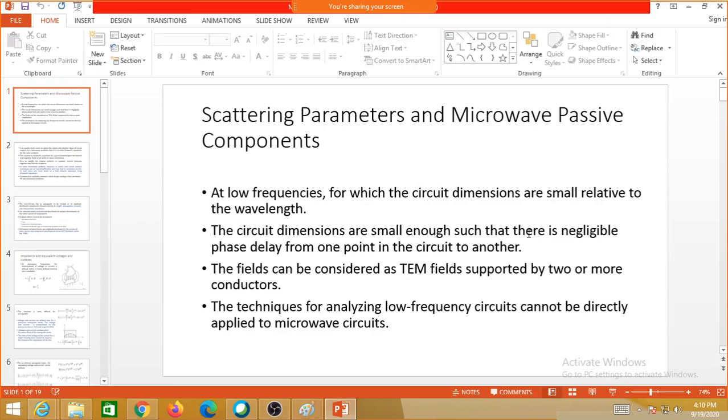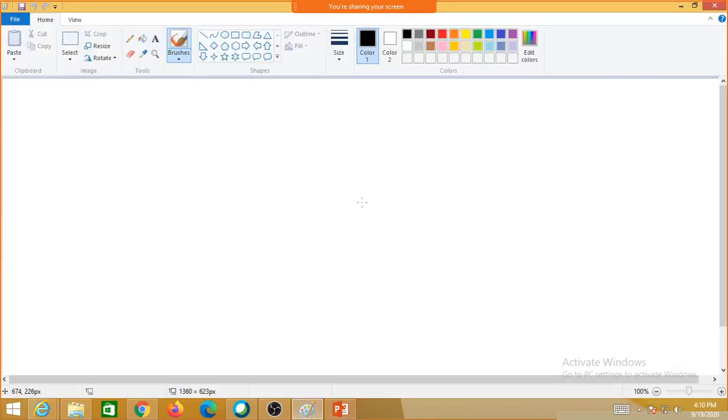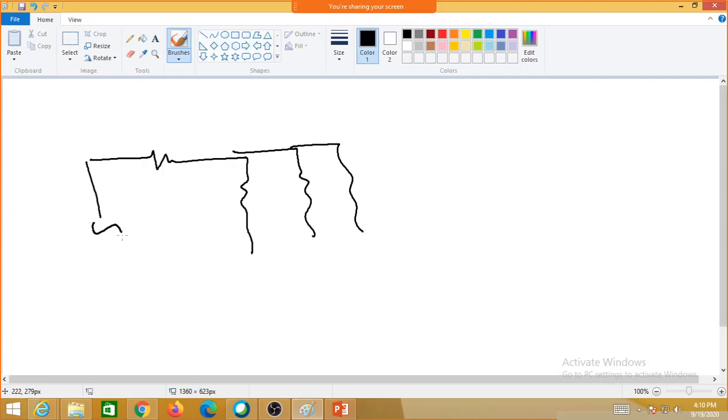The fields can be considered as TEM fields supported by two or more conductors. Generally in lower frequency circuits, you apply the voltage and you have the ground.